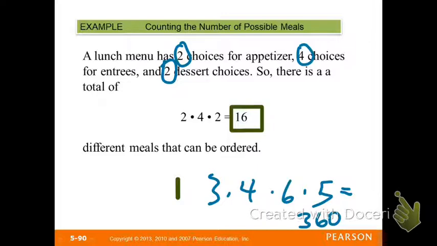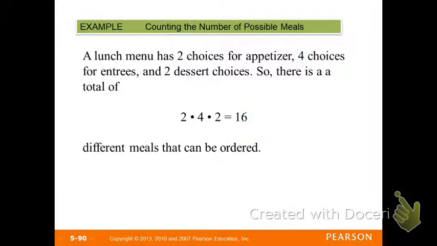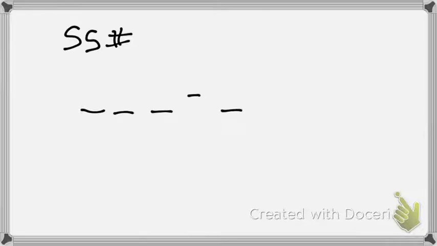So this is just counting the number of possible things that we have available to us by choices. Now this comes into play also, and you'll see some of these things in your homework. So if we had, like, the number of different ways a social security number can be chosen, for example. The social security number has 3 digits and then 2 digits and then 4 digits, right?